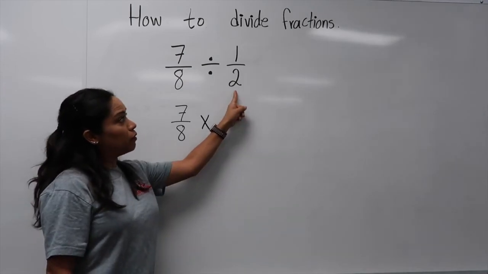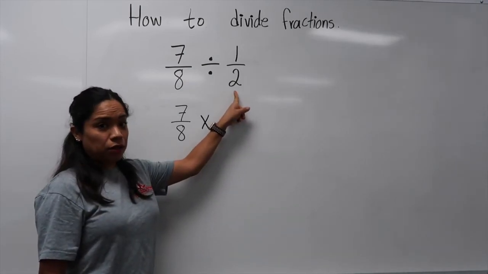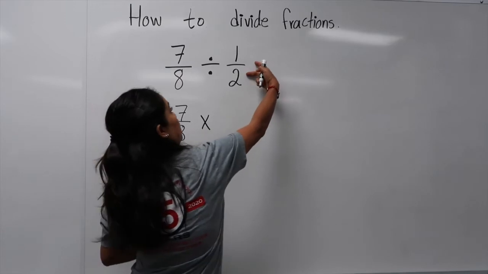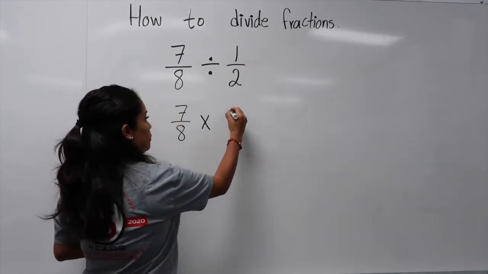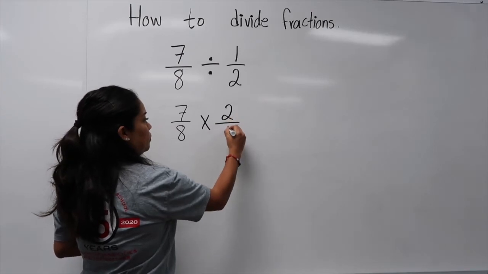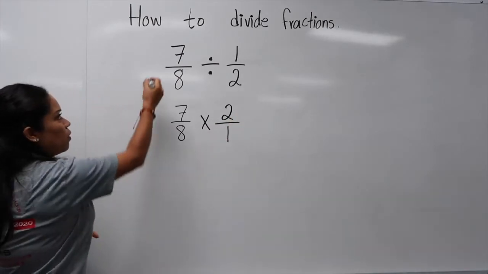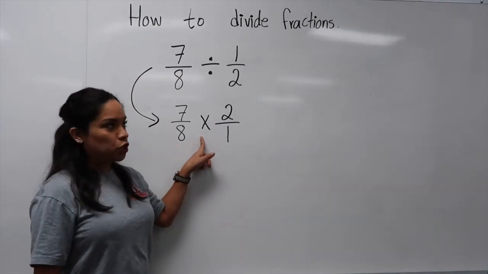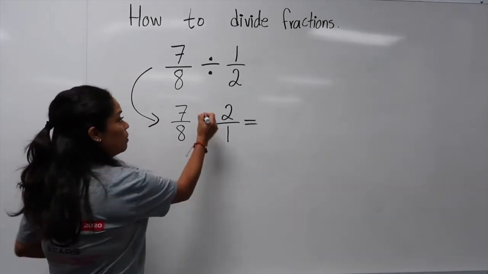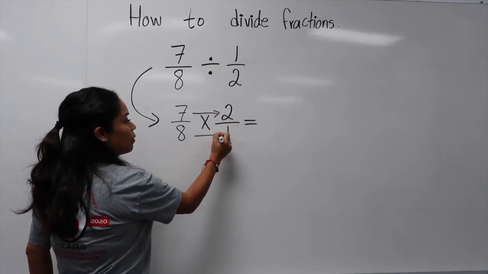And you're going to find the reciprocal of the second fraction. That means that we're going to flip the numerator and denominator. So we're going from division and we change it into multiplication. So now we can multiply these numbers and get our answer.